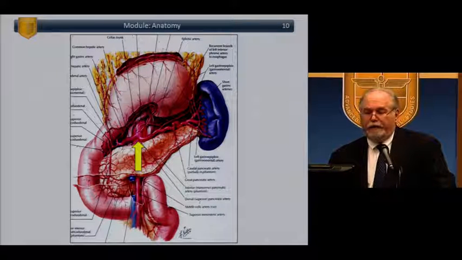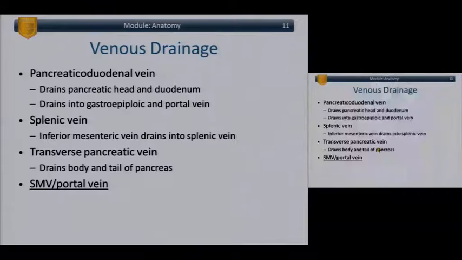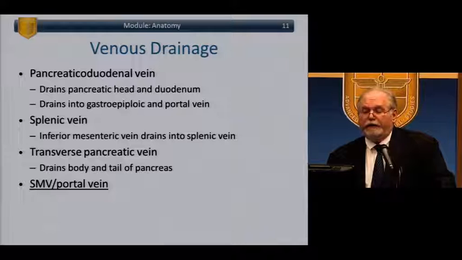And here we see again the stomach reflected up, where you have the celiac right here, and you have the splenic coming right across the top, the hepatic and the gastric coming up. The venous drainage is through the pancreaticoduodenal vein, which drains the pancreatic head and duodenum, and drains into the gastroepiploic and portal vein.